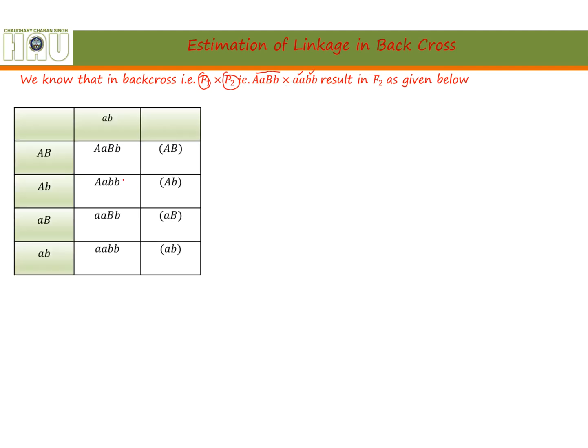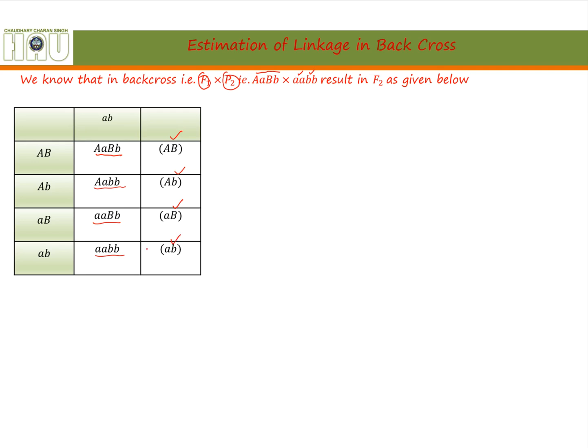So you will get four types of phenotypes. If you get this genotype, its phenotype is like this; if you get this genotype, then we will get this phenotypic class, and so on for each of the four.